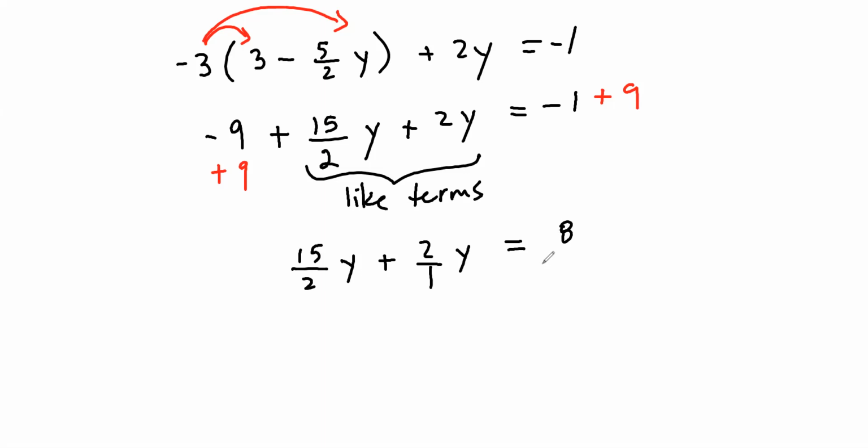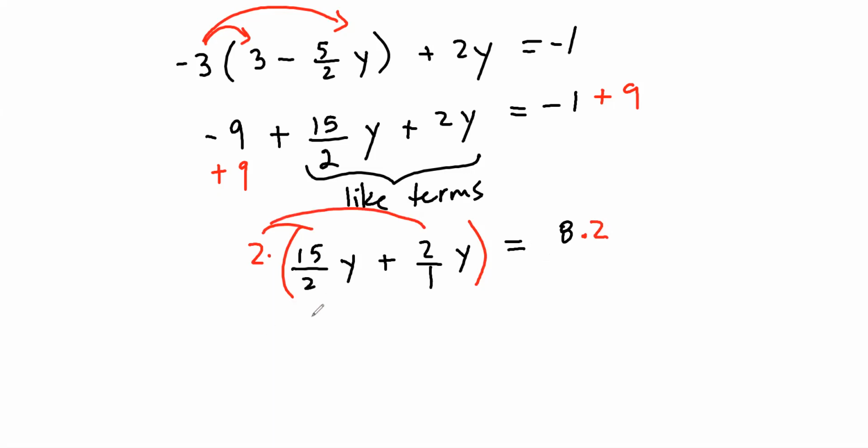Because these two are fractions, I can multiply both sides by the denominator. We have two denominators, 2 and 1, and the least common multiple is 2, so I will multiply both sides by 2 to get rid of the fraction and then combine again.